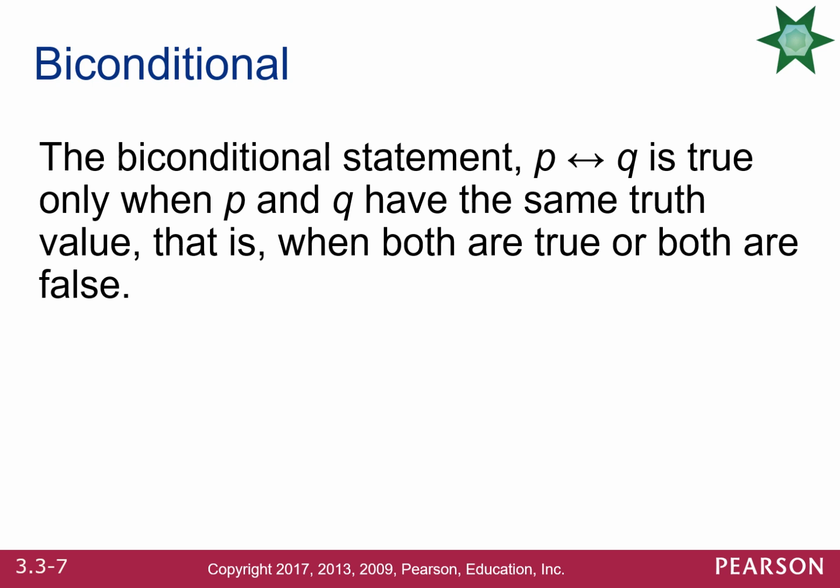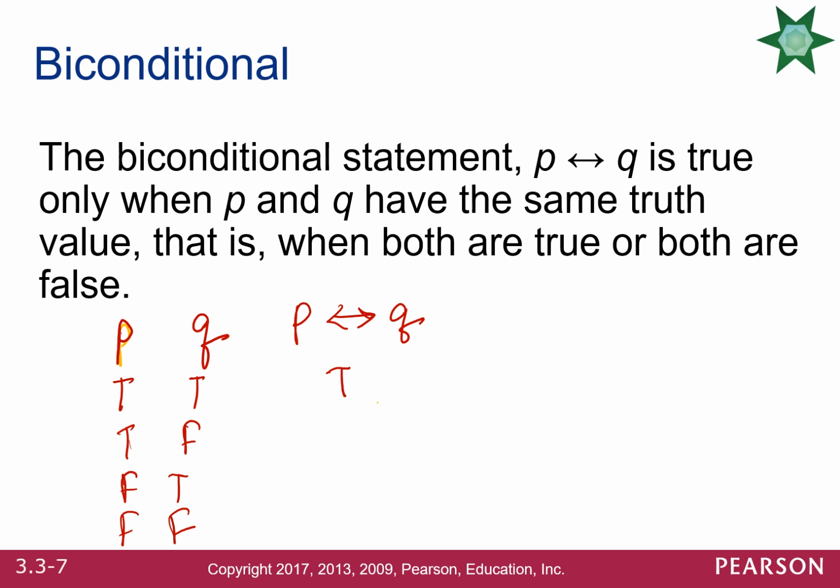So when we had our P and Q values listed as true, true, true, false, false, true, and false, false, the biconditional would resolve to a true and then a false, false, true.